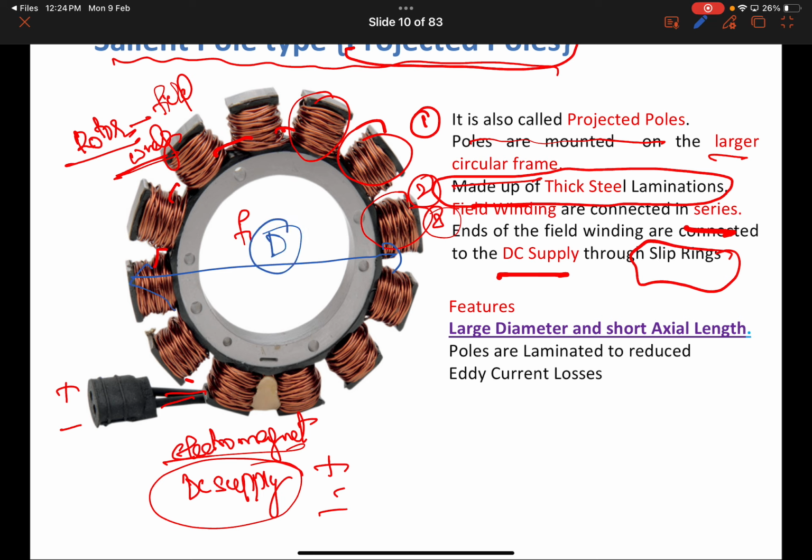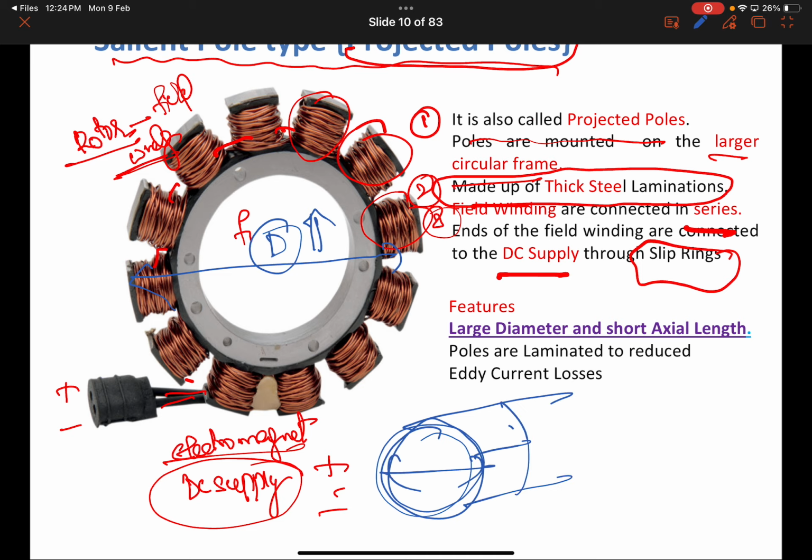The diameter is very high, and if you see this approximate diagram, the diameter will be very high and the length, which we call small l, is the axial length. There are 2 terms here, diameter and axial length, in a cylindrical shape.